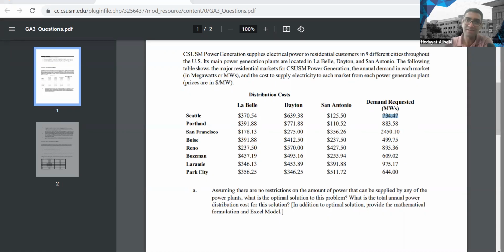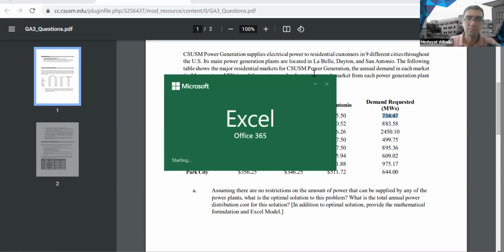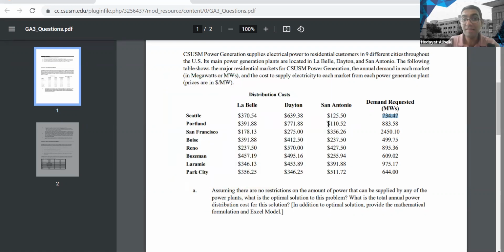I think I have to write it. So now the decision is how much power, how many megawatts, to be sent to Seattle from LaBelle, how many from Dayton, how many from San Antonio, right?